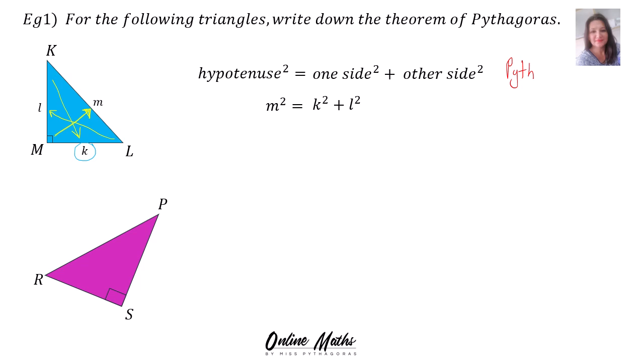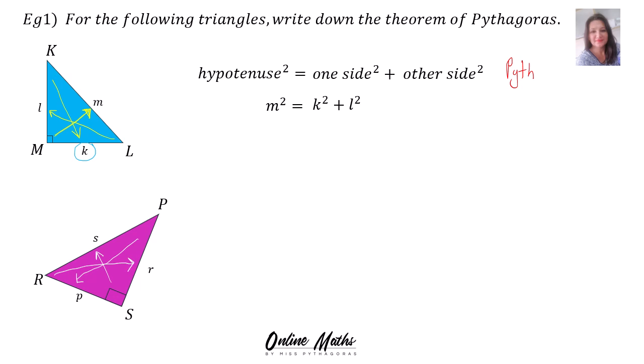Then for the next triangle PSR, do you agree that we can say that this side, the hypotenuse, is little s? This side opposite from big angle P is little p, and this side opposite big angle R is little r.